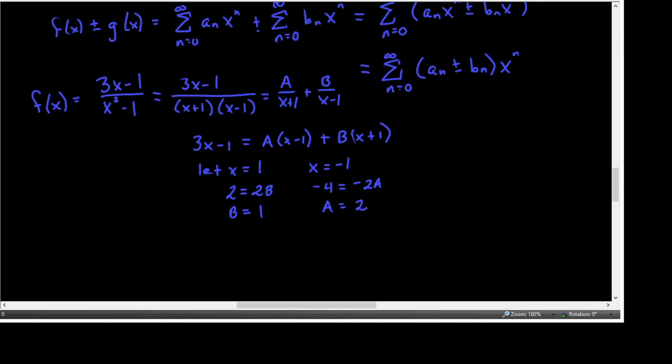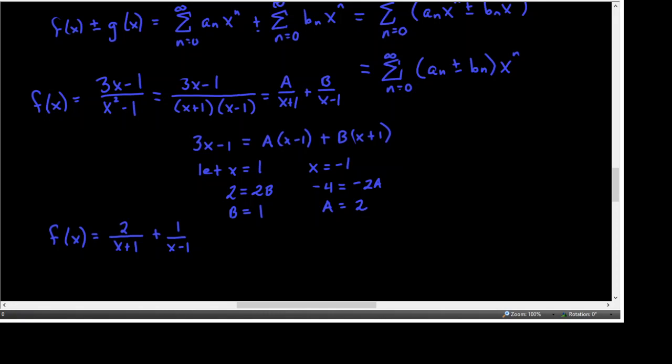And so, going back to our function, that means that f of x can be rewritten as a, which is 2, over x plus 1, plus b, which is 1, over x minus 1. Okay.